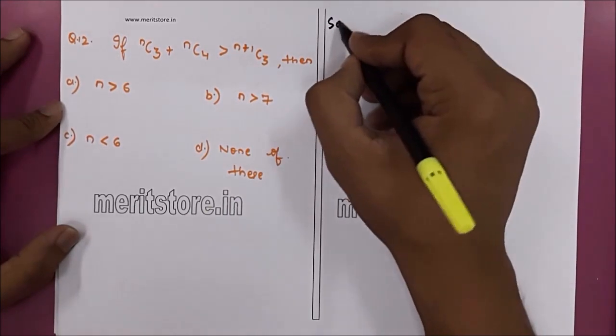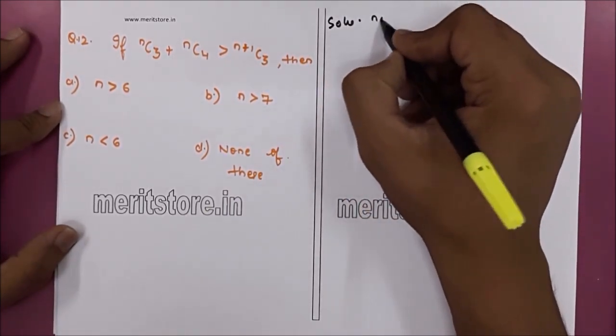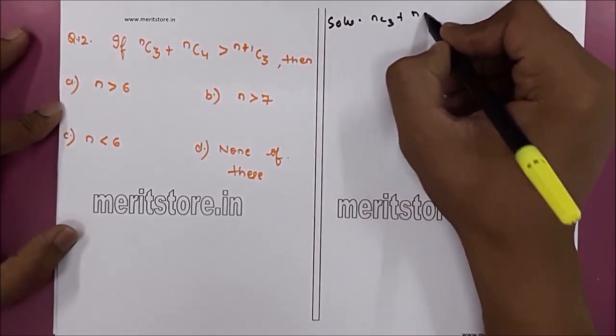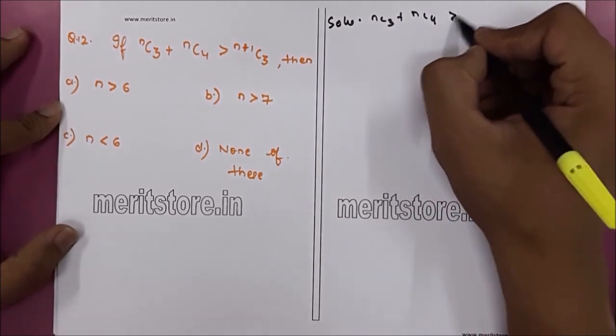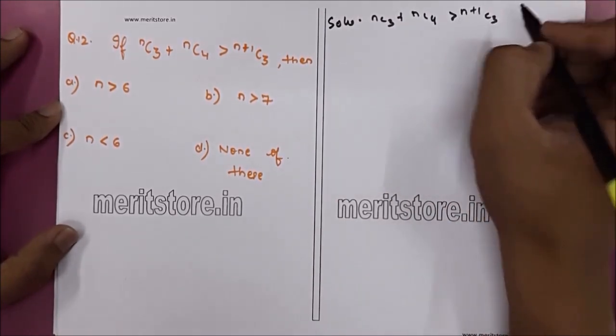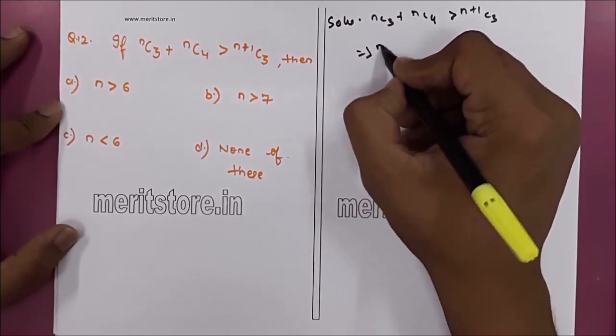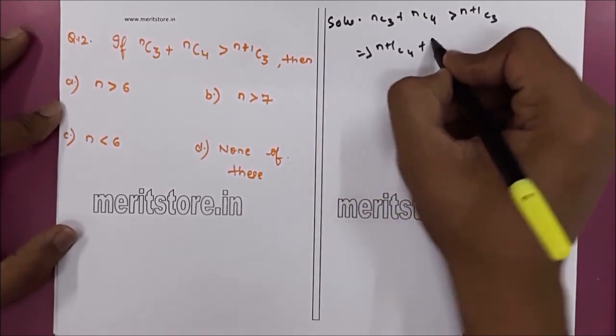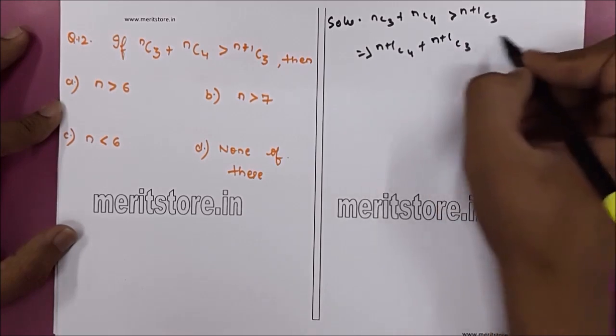Therefore, the solution is: nC3 plus nC4 is greater than n plus 1 C3, that is, n plus 1 C4 plus n plus 1 C3.